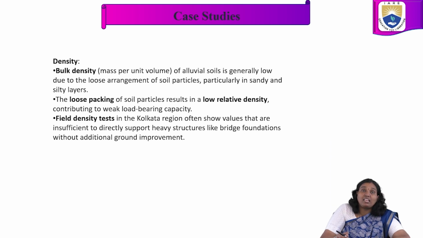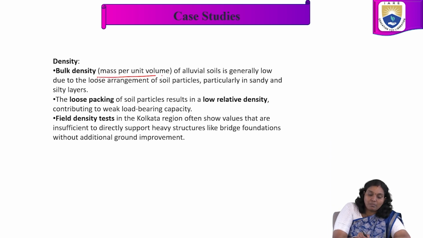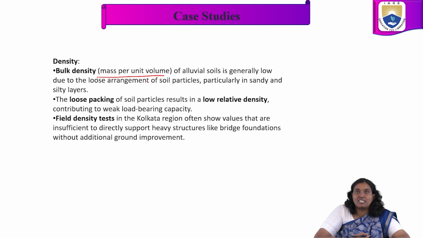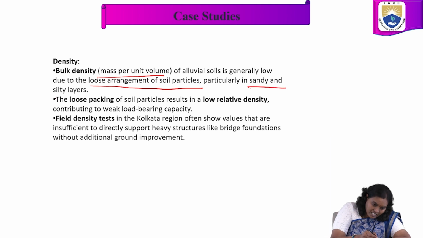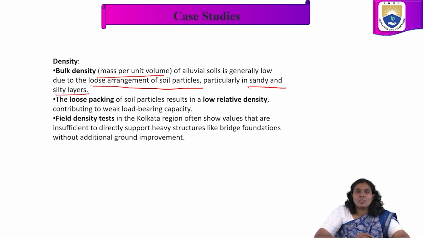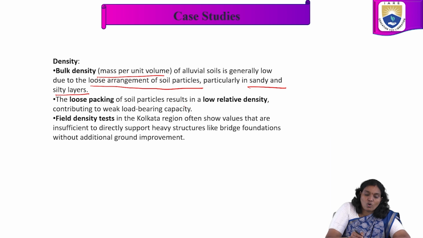Bulk density is nothing but the mass per unit volume. The bulk density of alluvial soils is generally low due to the loose arrangement of the soil particles, particularly in sandy and silty layers. The loose packing of soil particles results in low relative density, contributing to weak load bearing capacity.